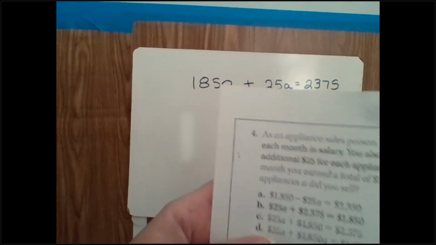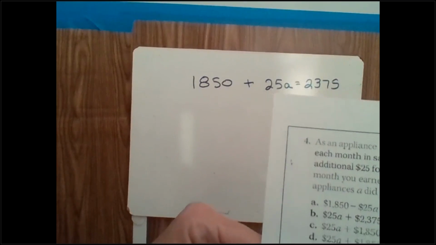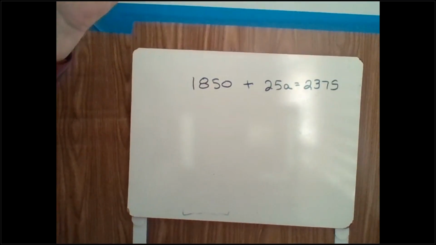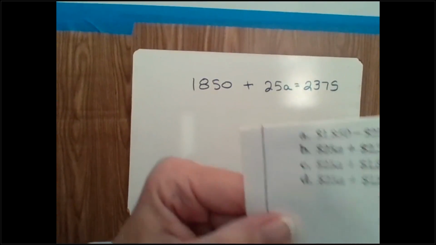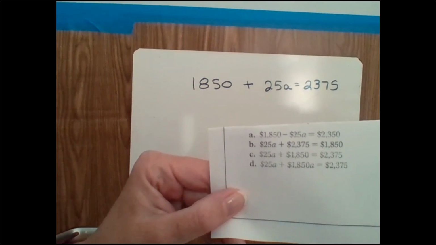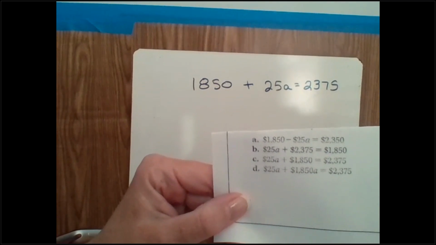Okay, now let's compare that to the options that they gave us. Let me see if I can fold this. And you can see, of course, there we go. Of course, they gave them to us kind of in a different arrangement than what we came up with.